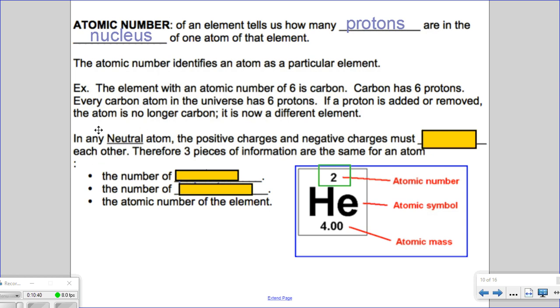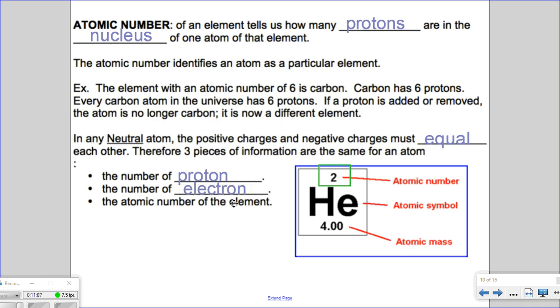In any neutral atom, an atom that does not have a charge associated with it, the positive charges and negative charges must equal each other. Therefore, 3 pieces of information are the same for a neutral atom. The number of protons will also tell you the number of electrons.